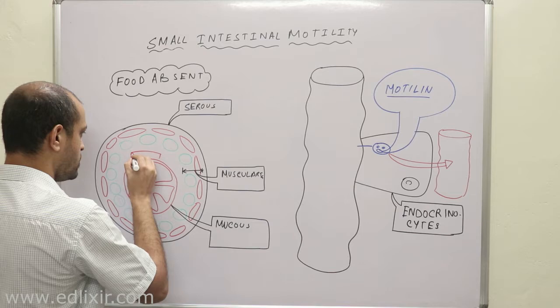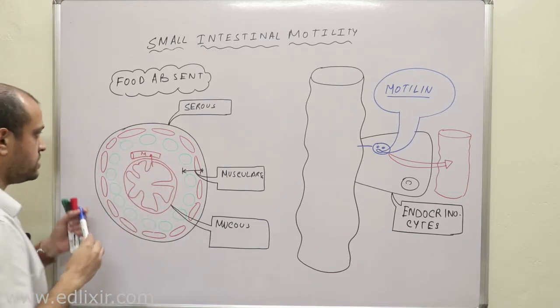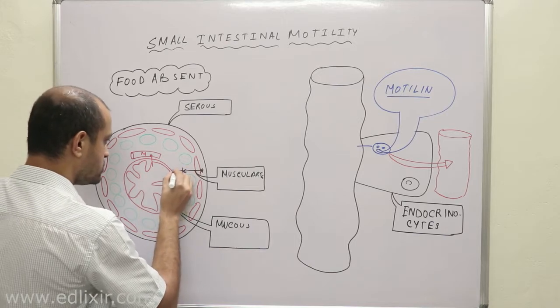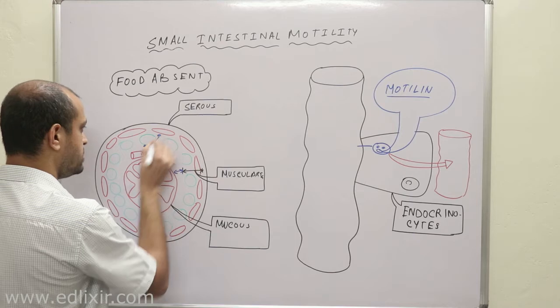Now when motilin is released into the blood vessel, suppose this is your submucous layer. This motilin will activate these muscle layers.